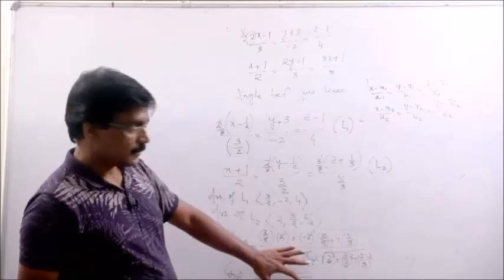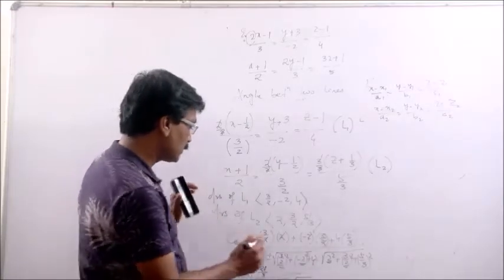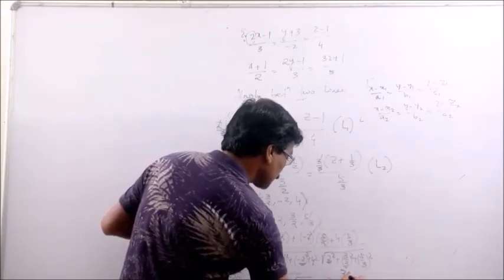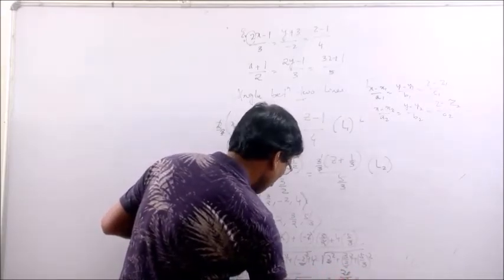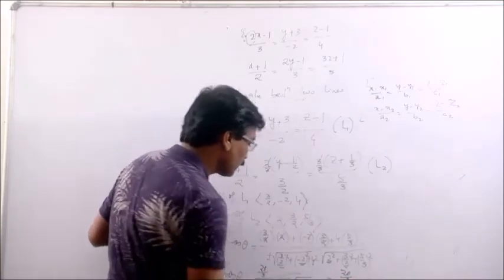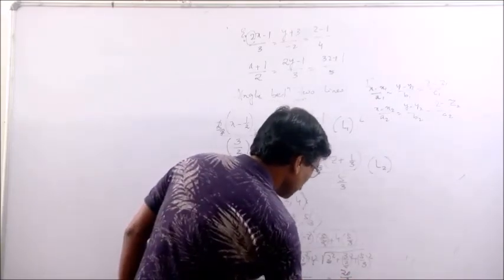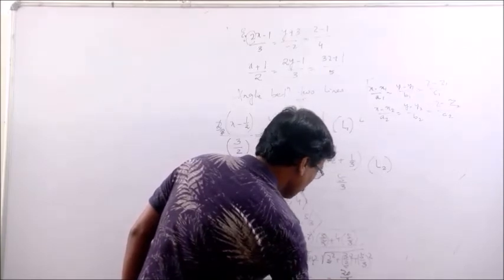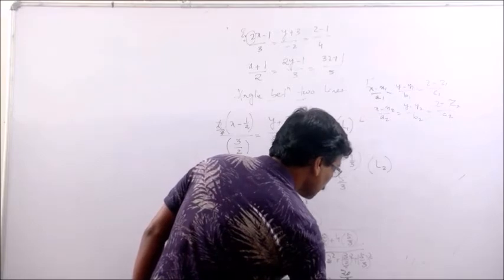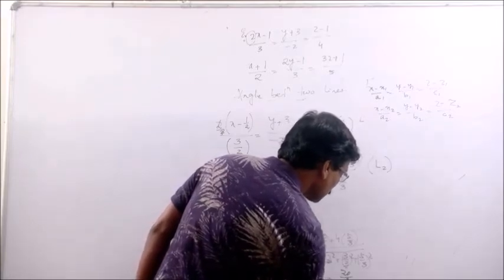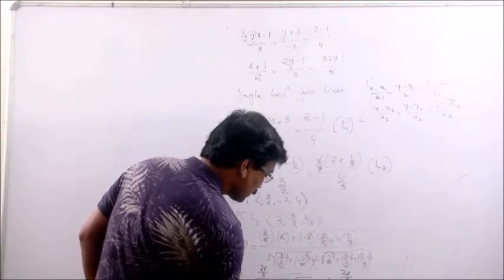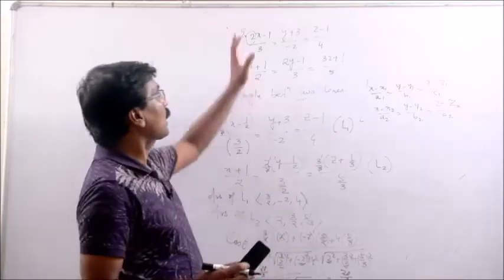So, on simplification we have the angle theta, that is equal to 20 by 3 by plus minus root over of 89 by 4 into root over of (144 plus 81 plus 100) divided by 36. So, on simplification we have theta is equal to cos inverse, the angle. So, that is the angle between two lines.